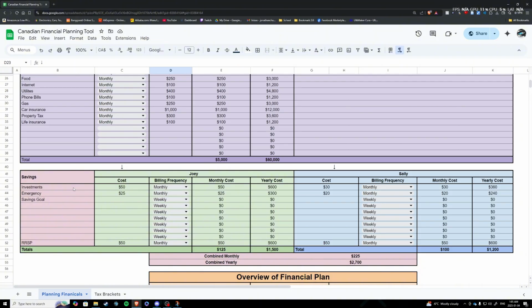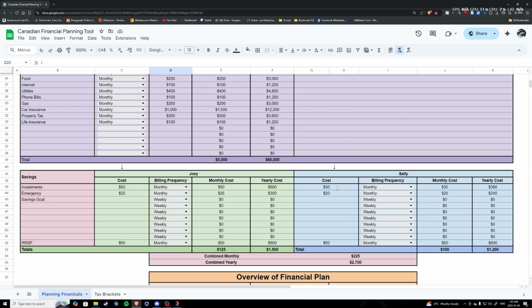This section is broken off into two sections, one for Joey, one for Sally. They can contribute however different amounts they want. So if we go into this, we see that Joey is putting $50 a month into investments, while he's putting $25 monthly into emergencies. If we go over to Sally, we can see that Sally's using a different amount.